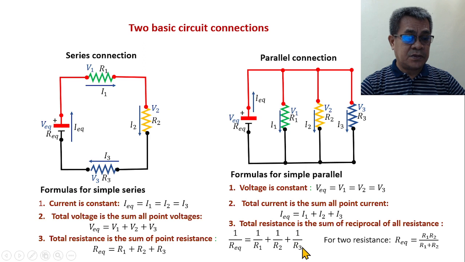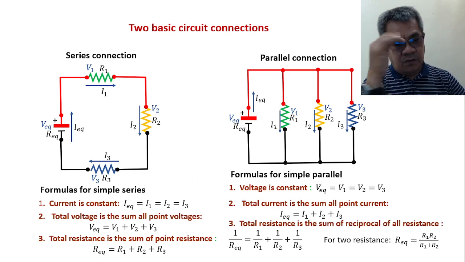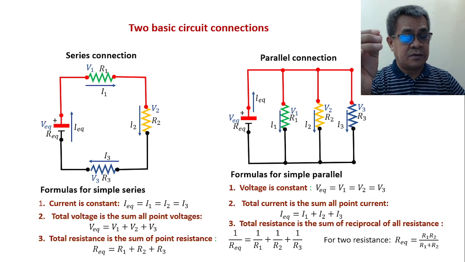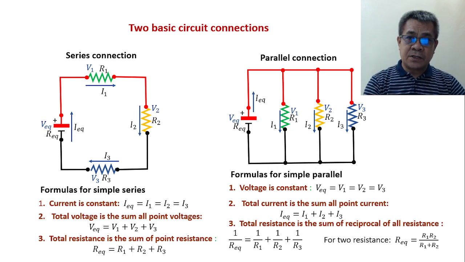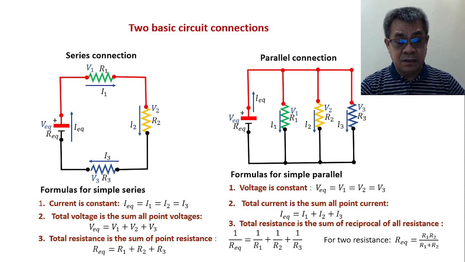If you consider the 2 resistors, remove this 1/3, then apply the algebra, combining 2 fractions, then solve for R equivalent. The R equivalent is the product of R1 and R2 divided by the sum of R1 and R2, which means that the product of the 2 divided by the sum of the 2 is the equivalent resistance of the 2 resistors connected in parallel.